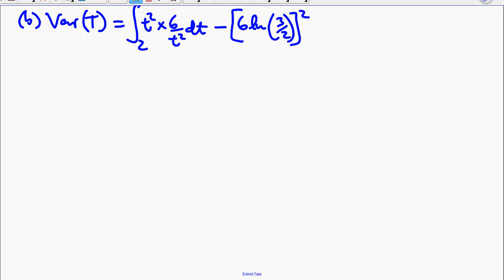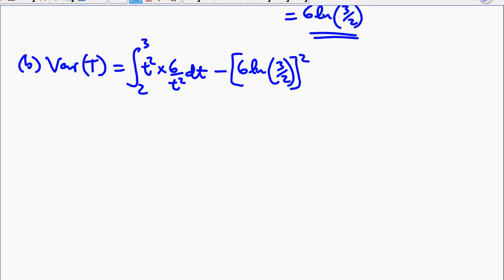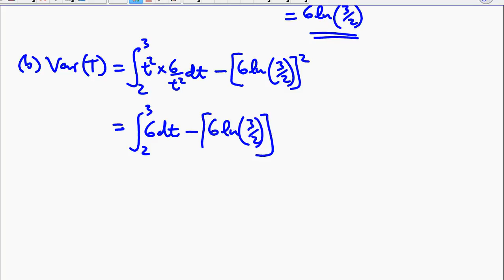Okay, so what we'll end up with here is the integral from 2 to 3 of 6 dt minus 6 ln 3 over 2 squared. Well, what this will give us is 6t with limits 2 to 3 minus 6 ln 3 over 2 squared.